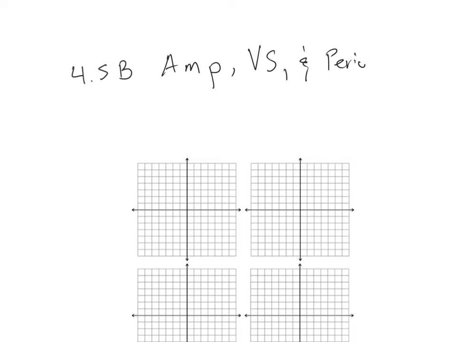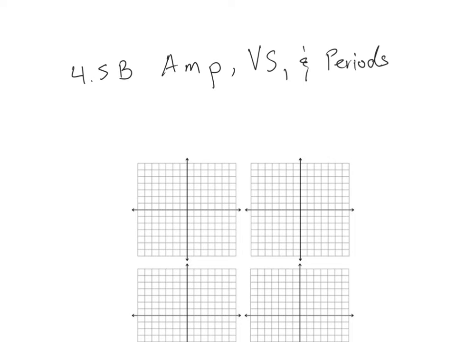Today we are going to be graphing sine and cosine functions. Yesterday we talked about graphing, and we changed the amplitude, and we had the vertical shift, and today we are going to include periods into this.